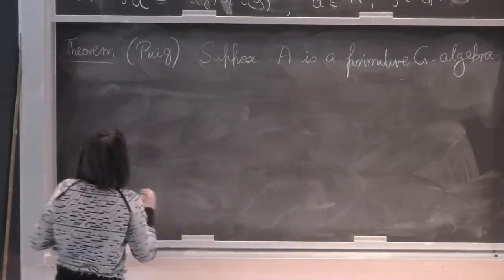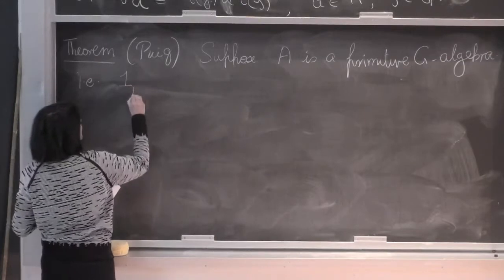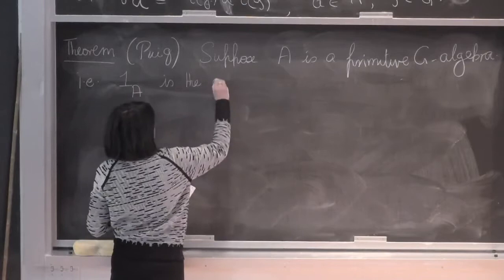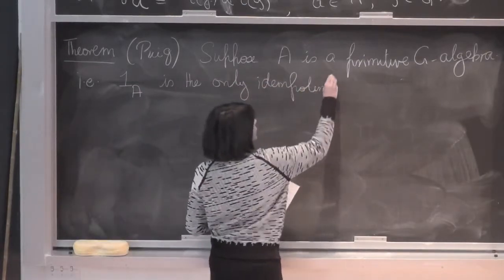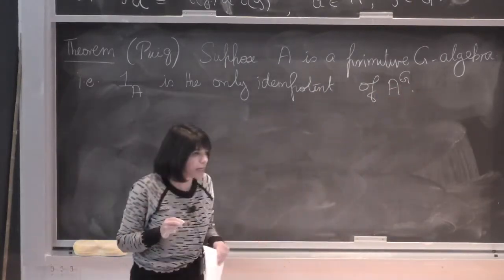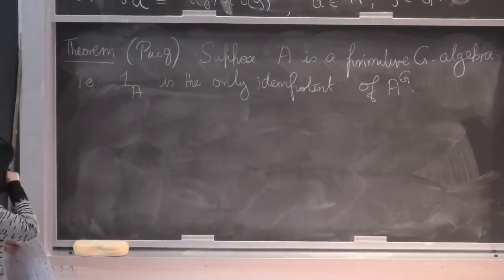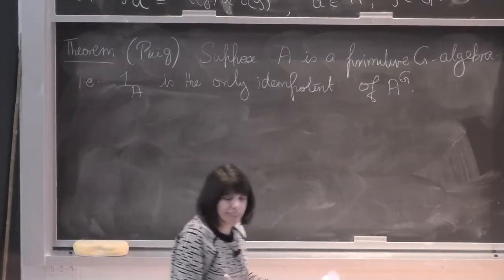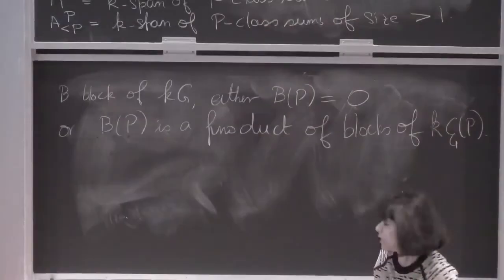So what that means is that the identity of A is the only idempotent in the fixed points of G. If you see it like this, it is not very illuminating, but it's saying it's sort of indecomposable in some way, as small as possible.